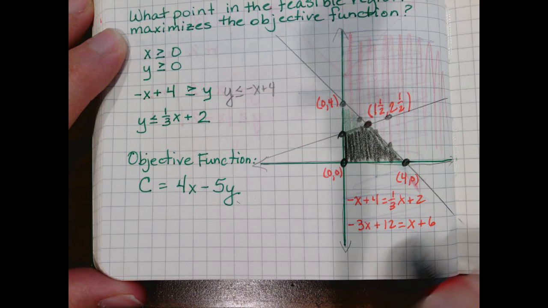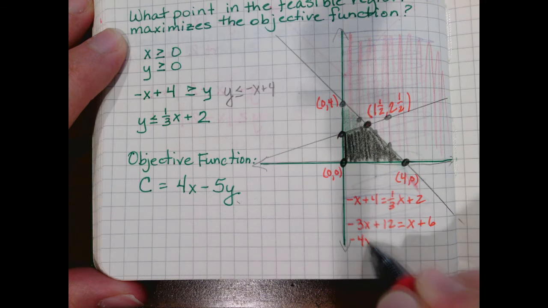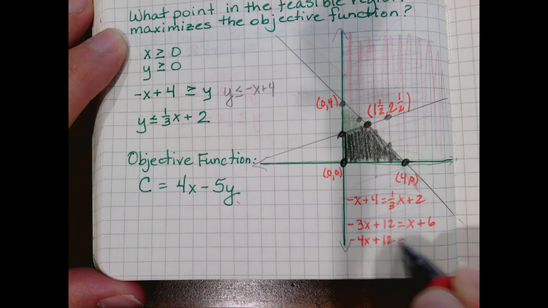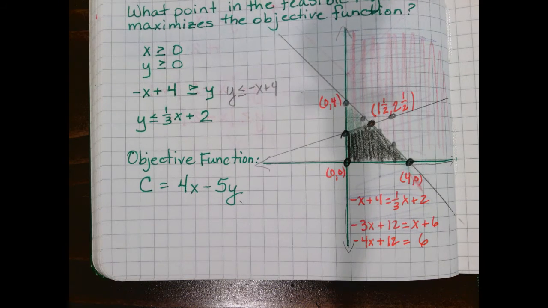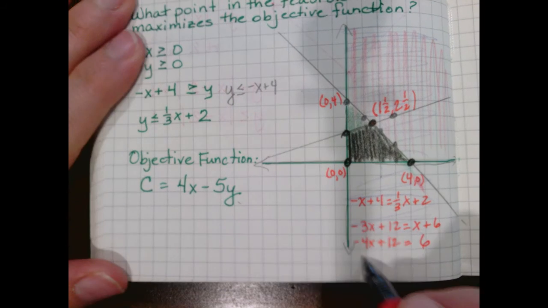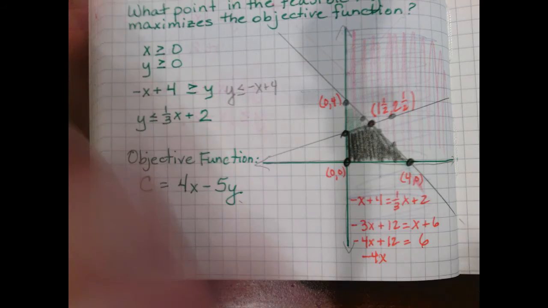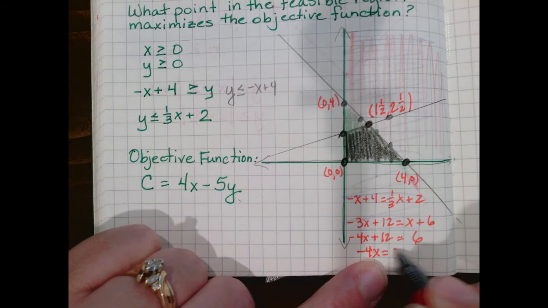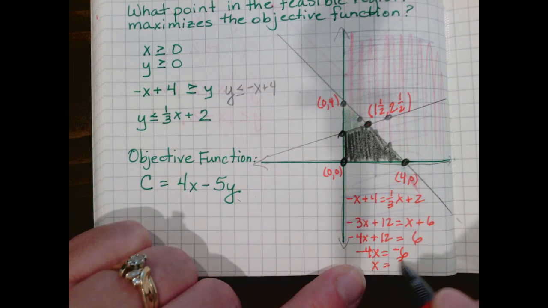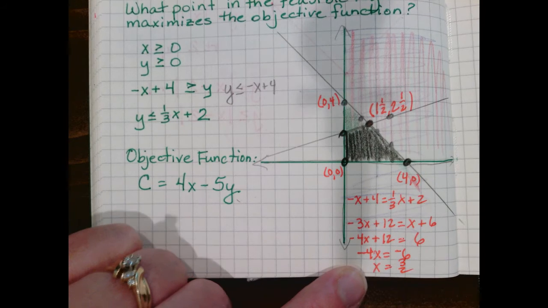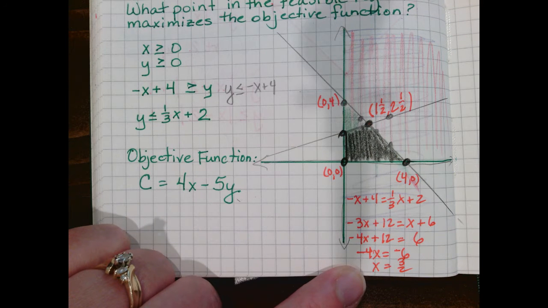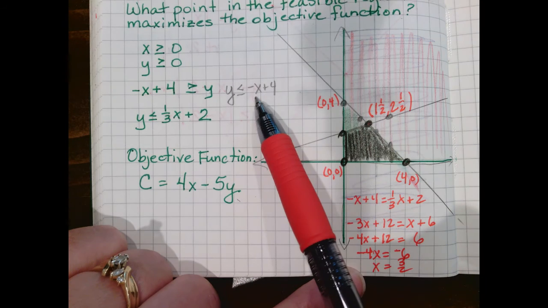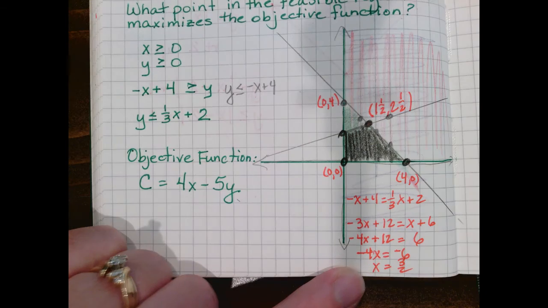So we'll move our x over by subtracting: negative 4x plus 12 equals 6. Move our 12 over by subtracting, and we get x equals 3/2. That was pretty close, huh? Then we can substitute 3/2 in for x here to get the y value being 2.5.